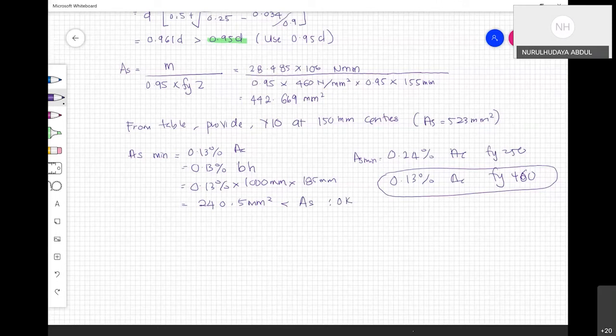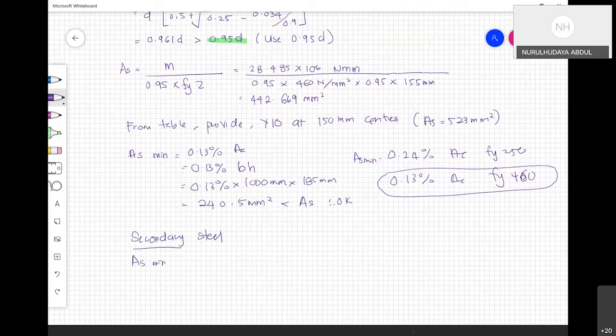Kita dah done with the primary steel. Okay. Ini adalah main steel lah ataupun primary steel kita. So next we going to look at the secondary steel. So secondary steel senang je. Sebelum ni I ada tulis ayat-ayat tu, tak penting pun sebenarnya.